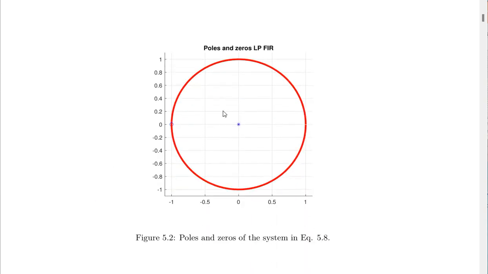here you see the poles and zeros of the FIR. You see a single pole at the origin, but it has a zero. Okay, here a zero at 180 degrees or minus 1. Okay?